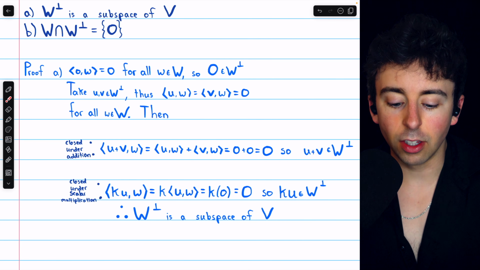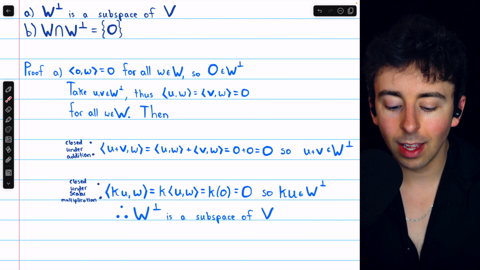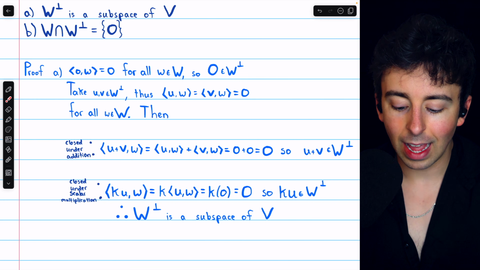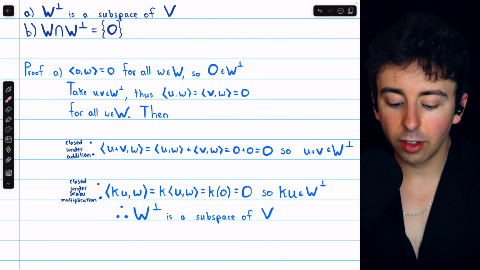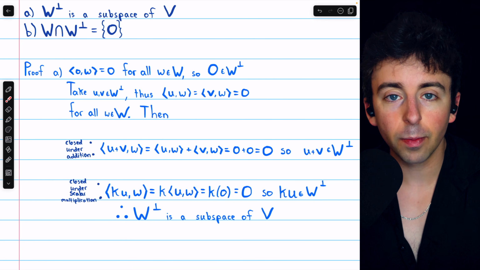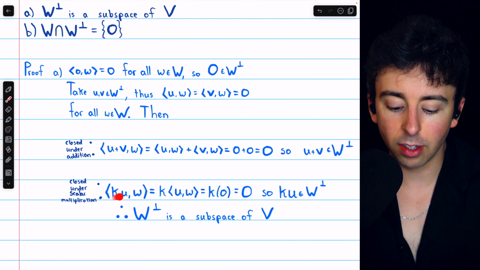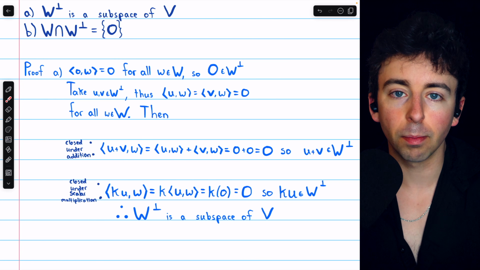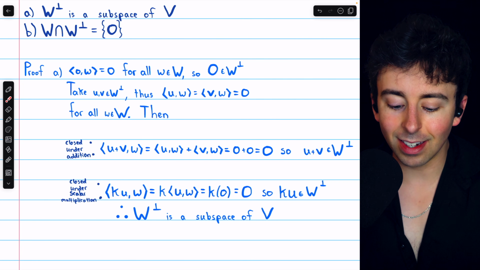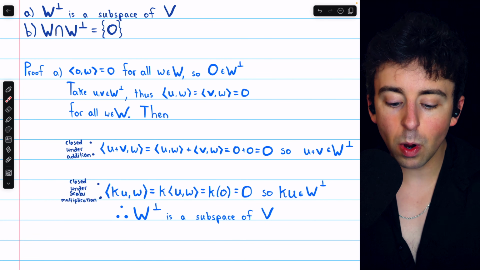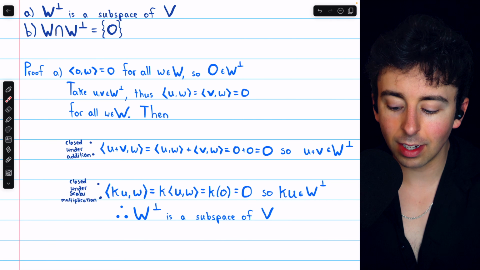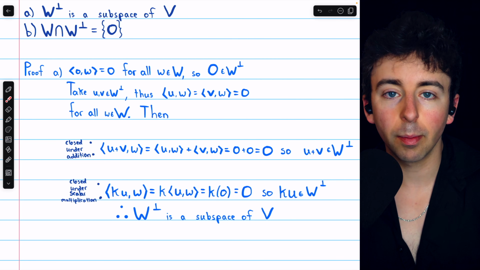But again, since u is from the orthogonal complement and w is from the subspace W, this inner product has to equal 0. So this is equal to k times 0, which is equal to 0. This shows that k times u, the arbitrary scalar multiple of the arbitrary vector from W perp, is indeed orthogonal to every vector from the subspace W. Hence, ku is an element of the orthogonal complement of W.